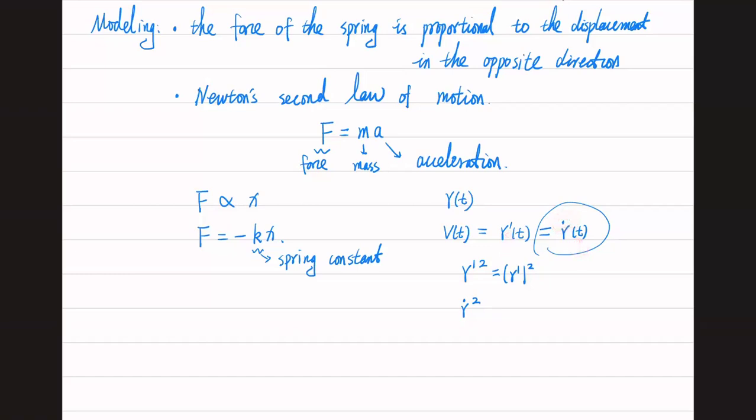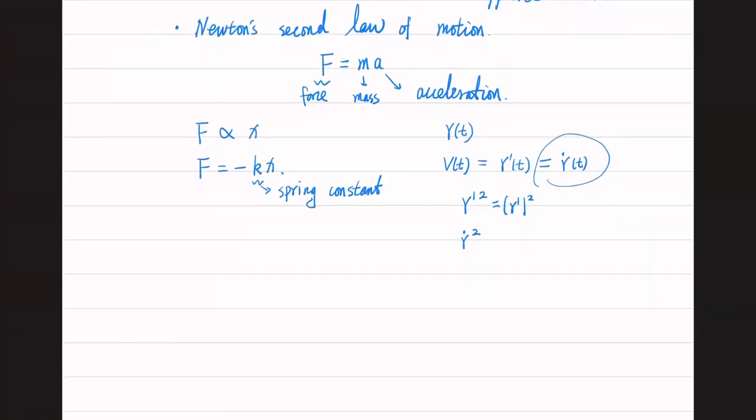Do you agree? Okay, Zichen, if we know the velocity, how do you find the acceleration? You take a derivative again. So we take a derivative of the velocity.